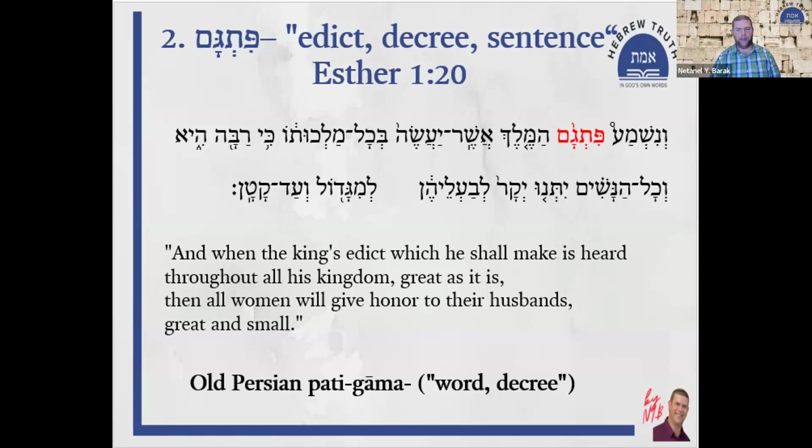We find it in other late biblical Hebrew books, such as Ezra, which again is explicitly late, so there is no question. Now, what do we do when we find it in a book whose dating is not as explicit as in the Book of Esther?